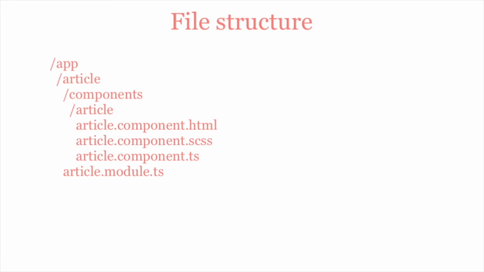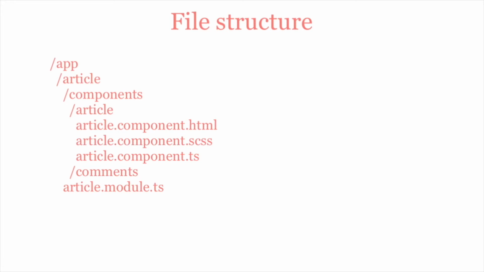It is important to understand that all naming of all entities goes in the name, which means, for example, if we create a service, then it will be the name of the service, then .service.ts. With such naming, we can easily understand what this file is doing at all. So we created a bunch of components, for example article and comments, inside our article module.